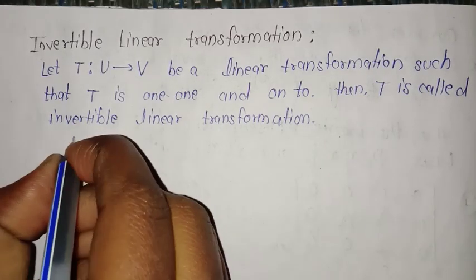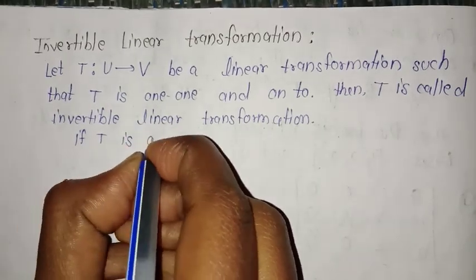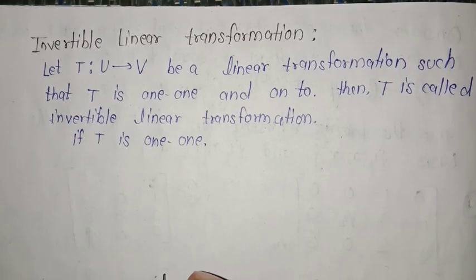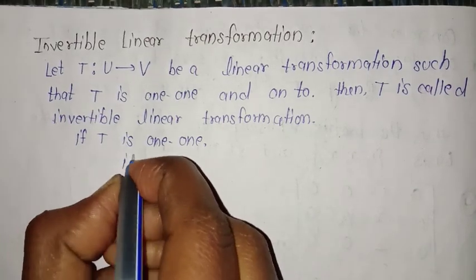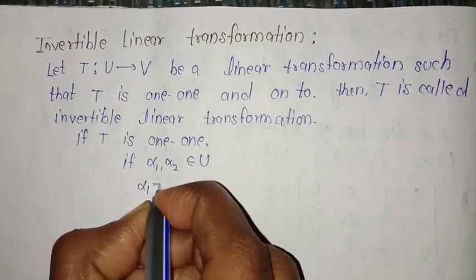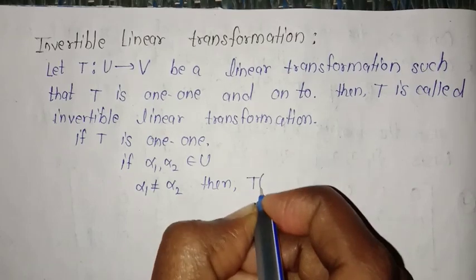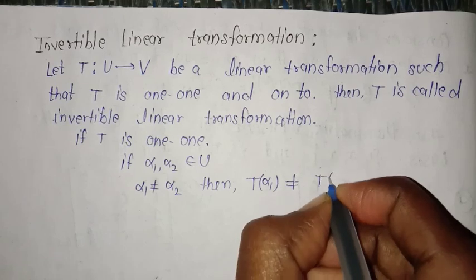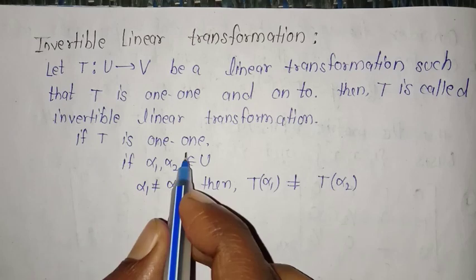So if T is 1-1, what are the conditions that it holds? If T is 1-1, then for two different elements of the vector space U, there must be two distinct images. That is, if alpha 1, alpha 2 belong to U and alpha 1 is not equal to alpha 2, then T of alpha 1, that is the image of alpha 1 under the transformation T, is not equal to the image of alpha 2 under T. So if this condition holds, then we call T 1-1.